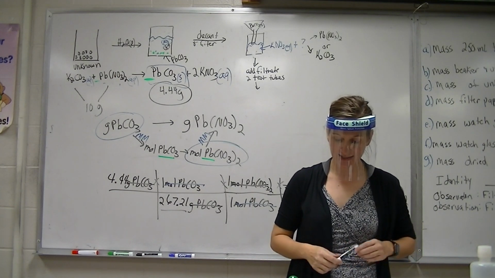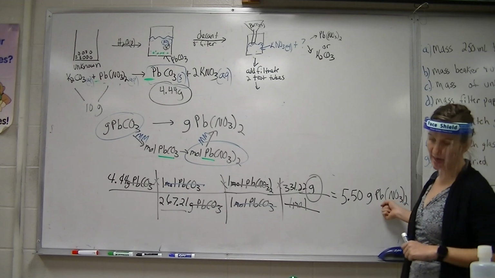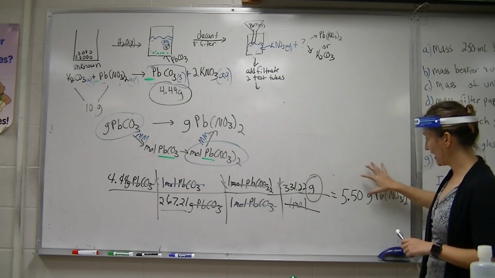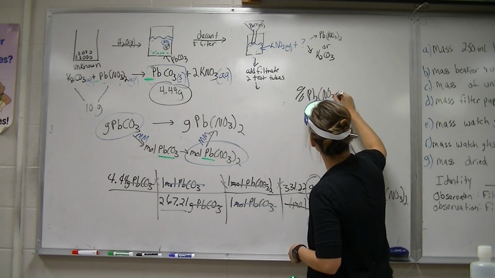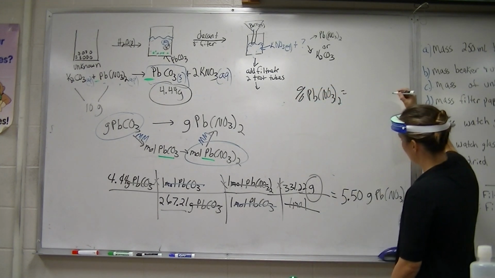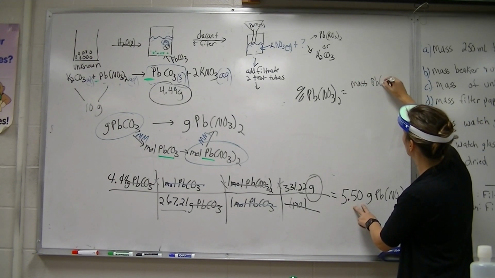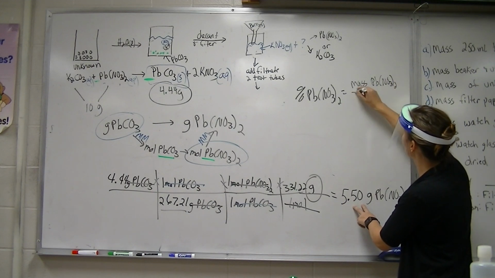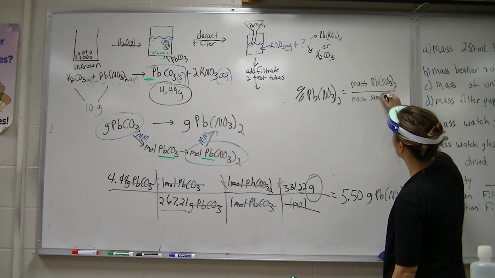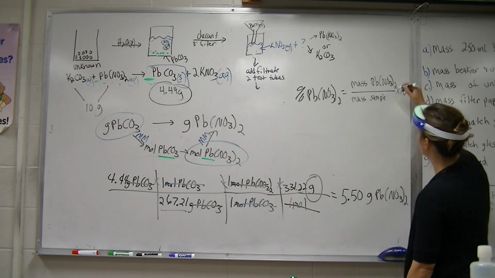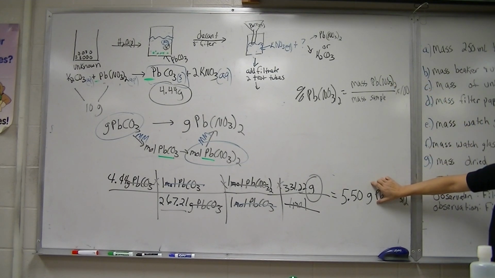For finding the percent of the limiting reactant, once again, we said that the lead 2 nitrate was the limiting, so they're asking for the percent of it. You're going to take the mass of the lead 2 nitrate and divide it by the mass of the sample. Don't forget to multiply by 100 to get it in the percent. So mass of the lead 2 nitrate, we have it here, the 5.5.